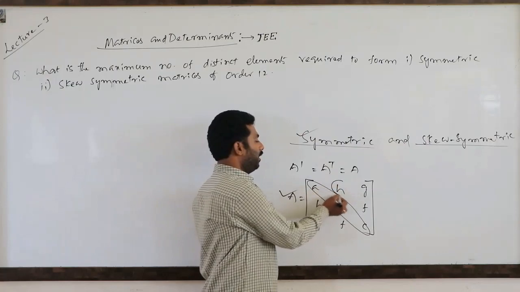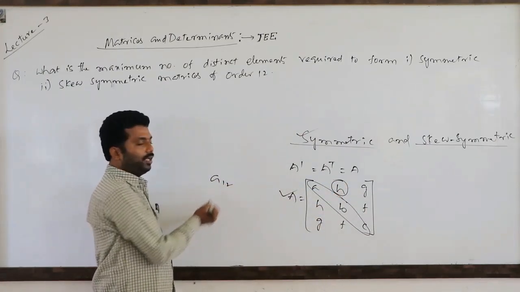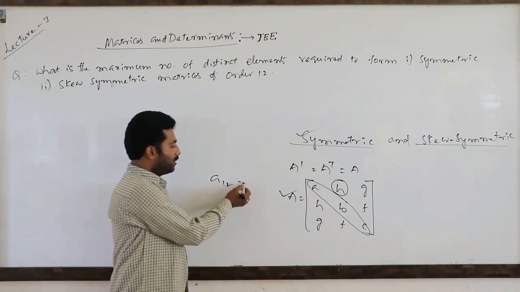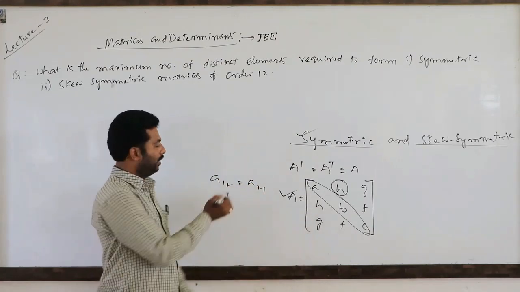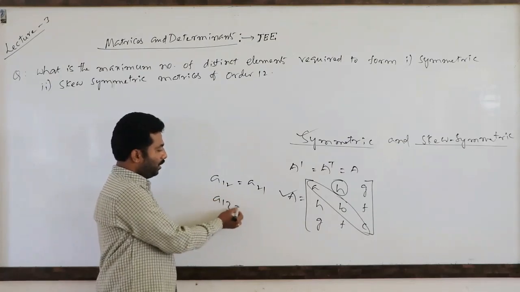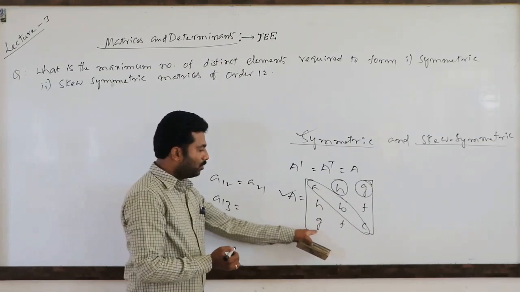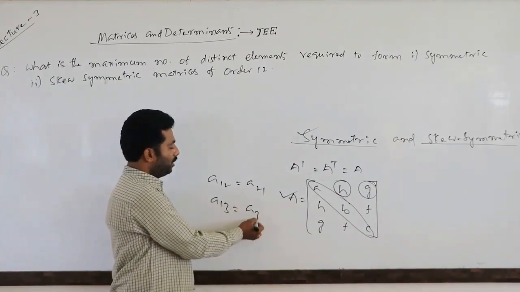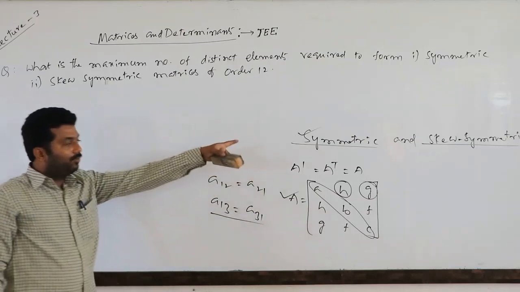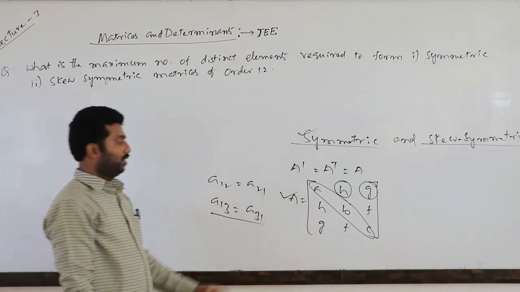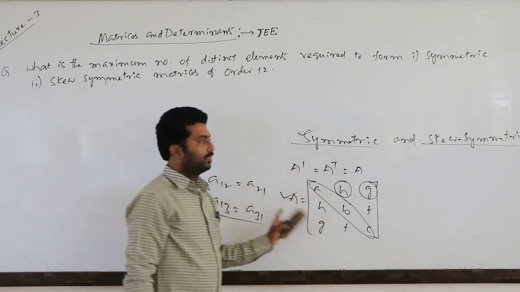Second point: here A12 is the same element as A21. A13, which is G here, is the same element as A31. That is the nature of a symmetric matrix. Such types of matrices are called symmetric matrices.